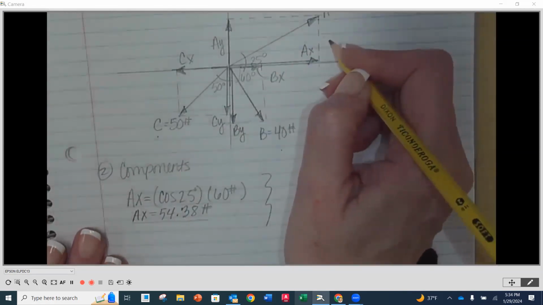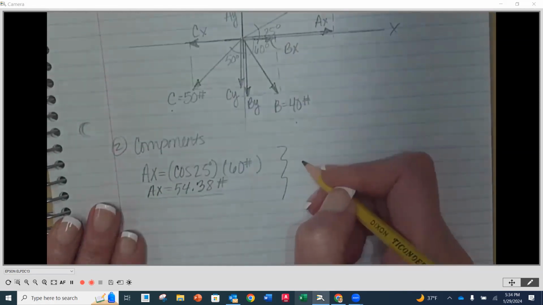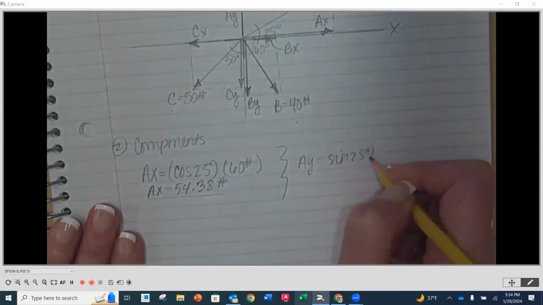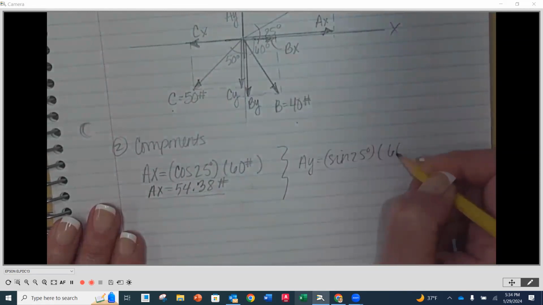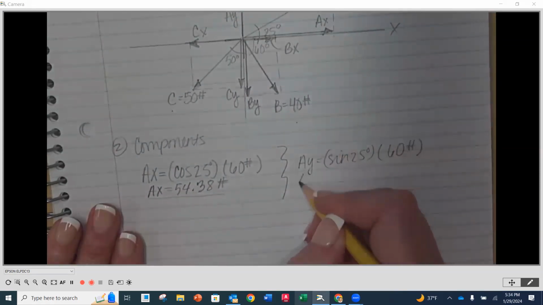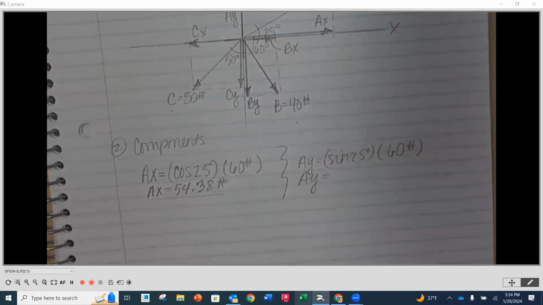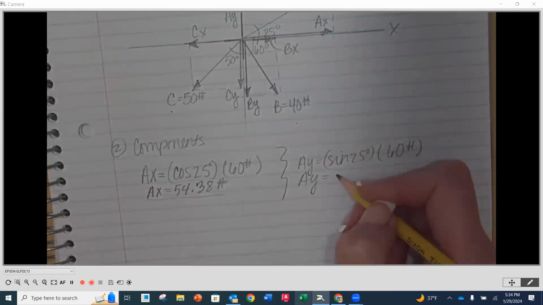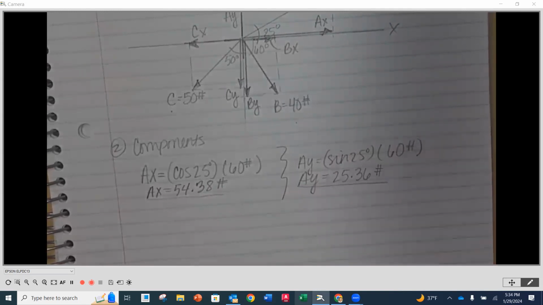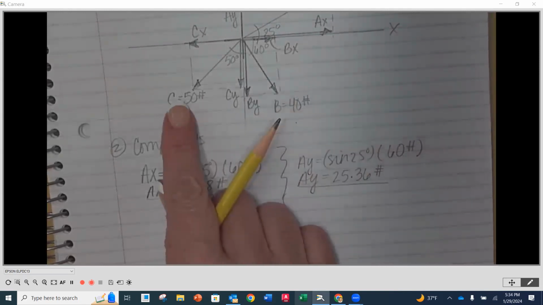Because it's the side opposite, and I'm going to use the hypotenuse, AY is going to be equal to the sine of 25 degrees times that 60 pounds. Again, put your units in here. Don't leave it at 60. And then AY is equal to 25 sine times 60, and it's going to be 25.36 pounds.